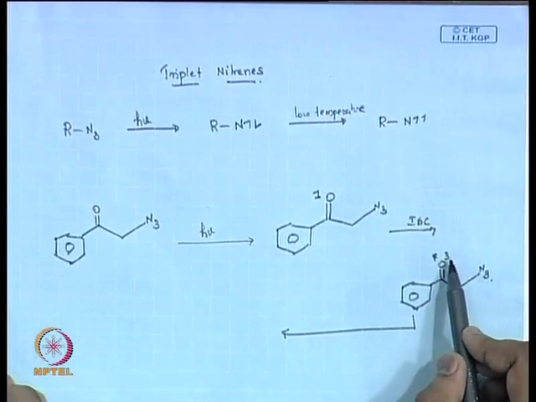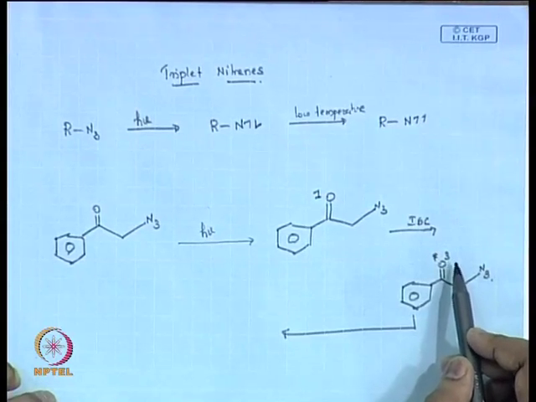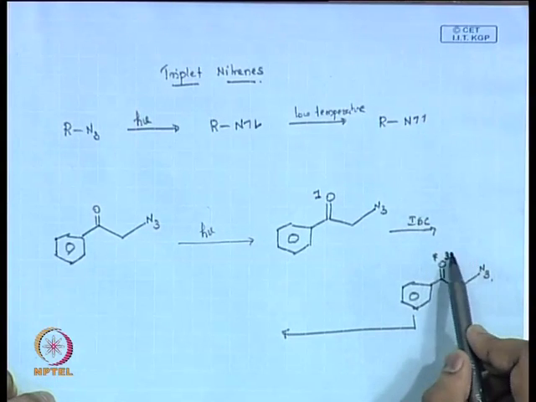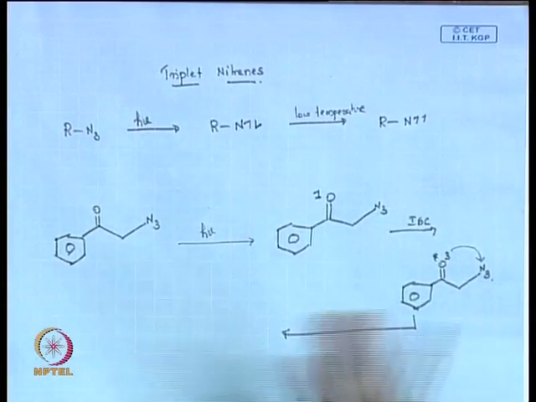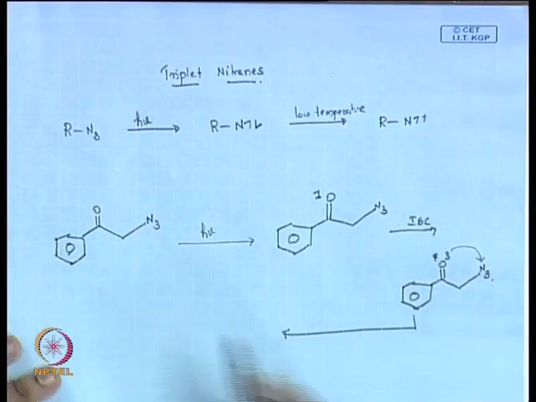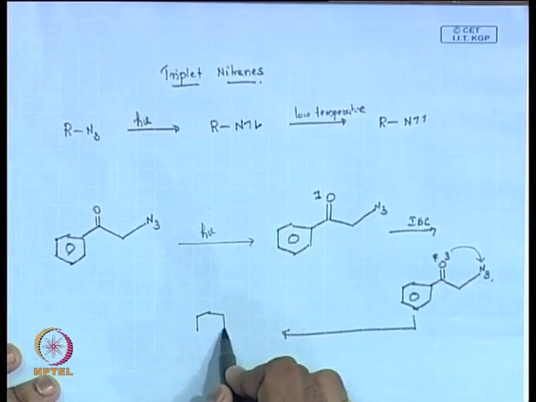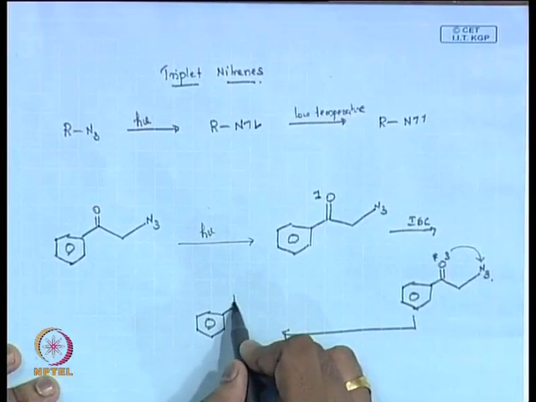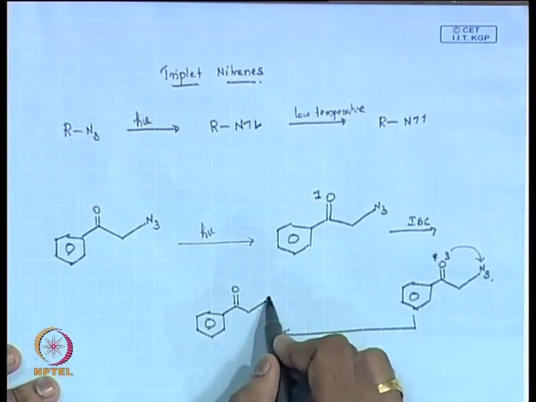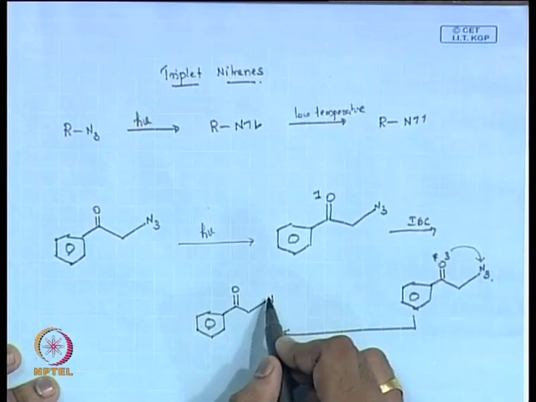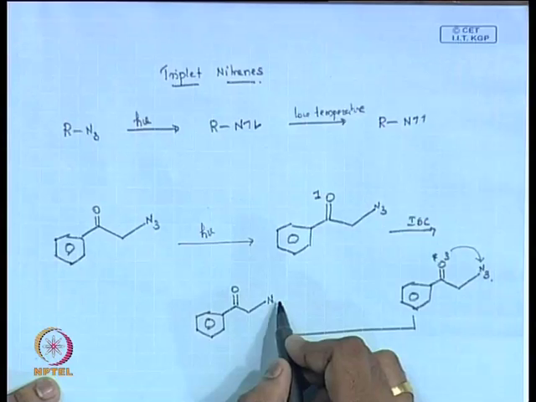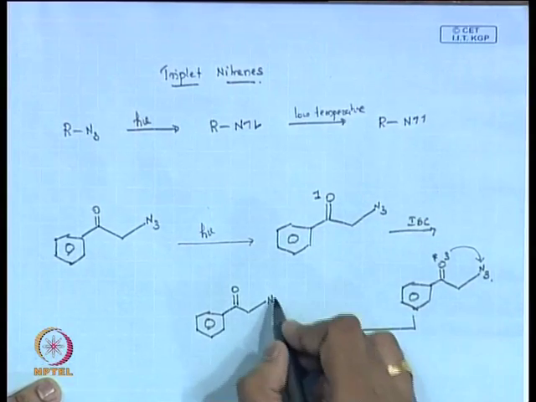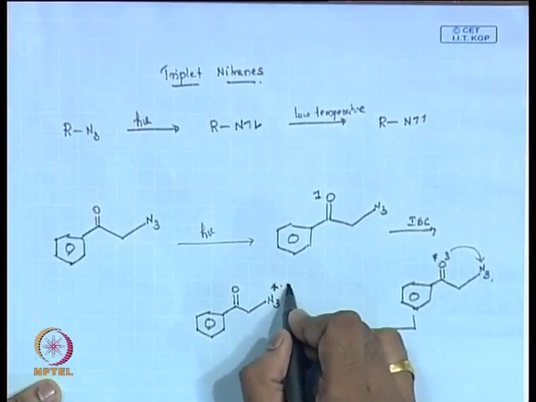Then you know that an energy transfer can always happen, right. You can have an intramolecular energy transfer, which you have studied. So it does a nice energy transfer to give me what? Because it is a triplet azide right now, it will be in the triplet state.